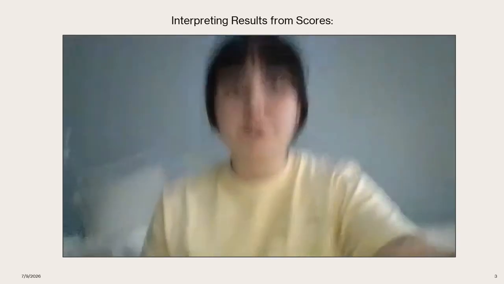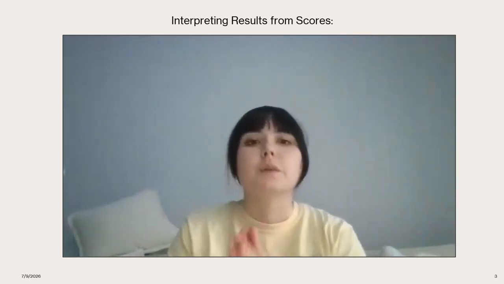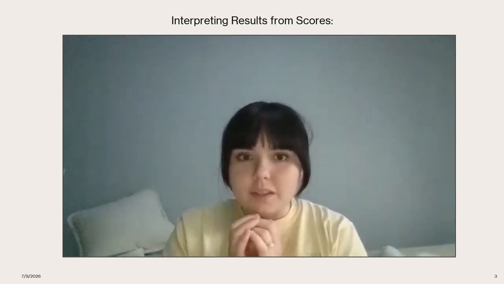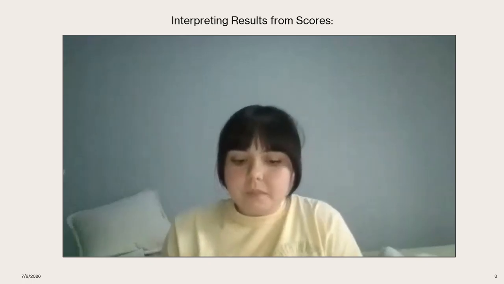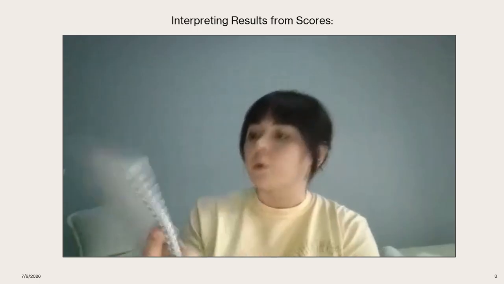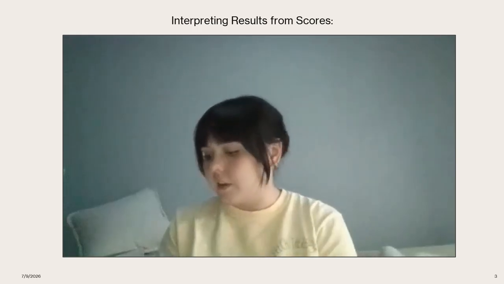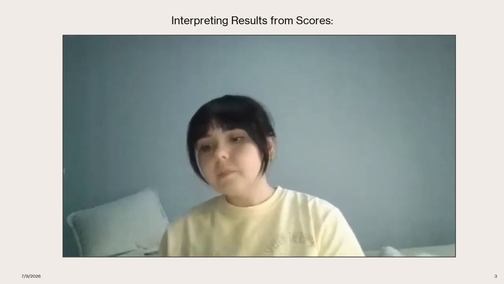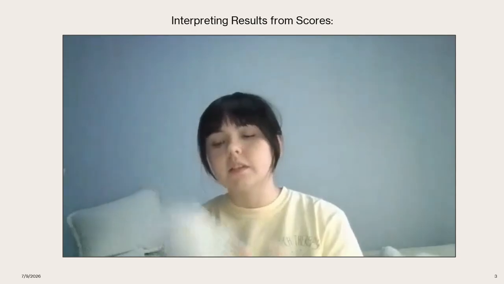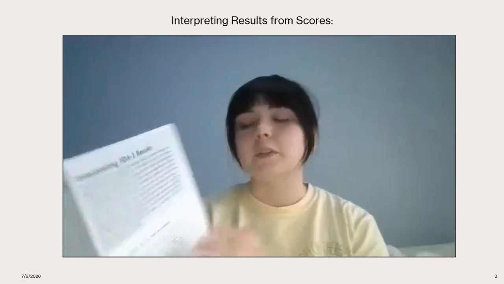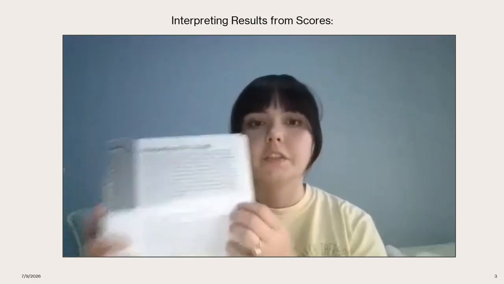Okay, so interpreting the results is a little bit confusing, so I'm going to try to explain this in the best way that I can. There's a section in the manual, pages 29 through 32, and it correlates the way that a patient scores with different types of motor neuron lesions.